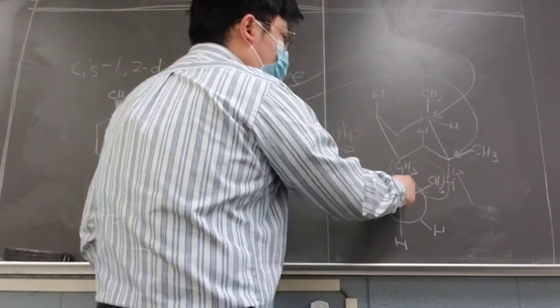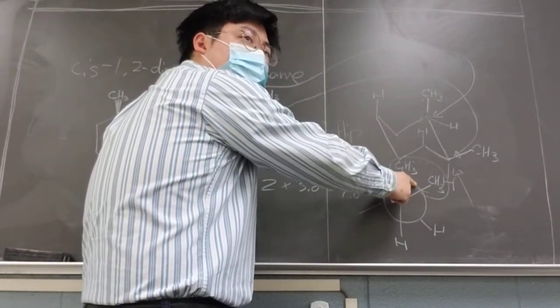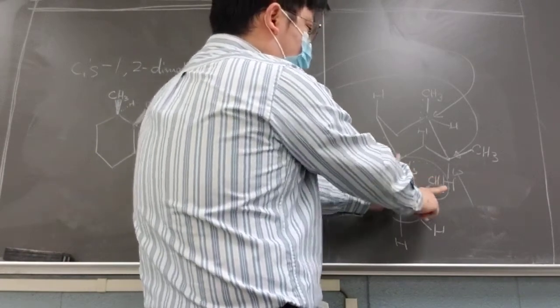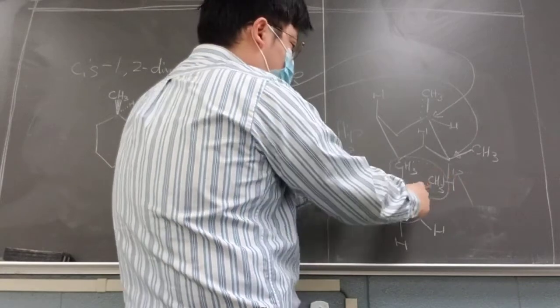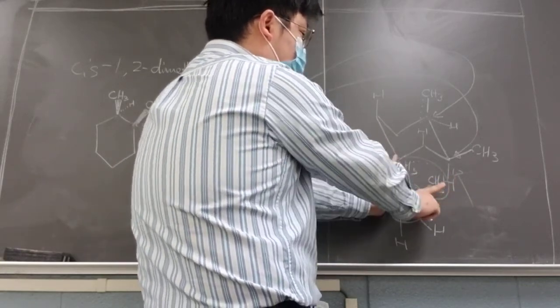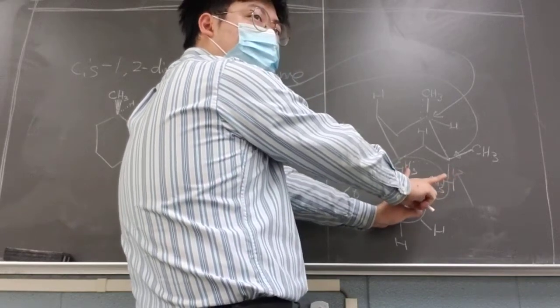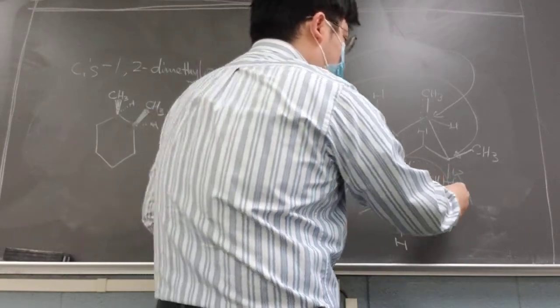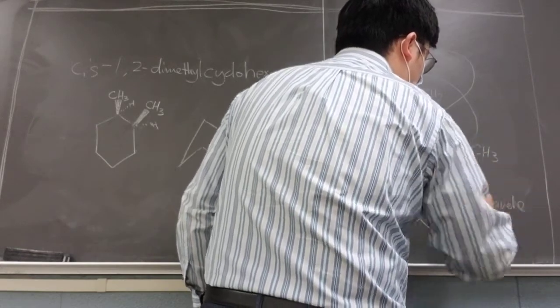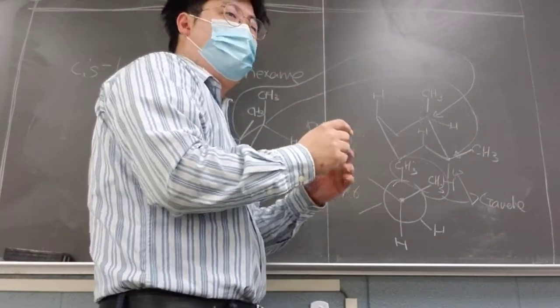Do you remember the gauche conformation? Even though the methyl groups are 60 degrees apart, it's staggered, right? But if there are 2 bulky groups close enough to be only 60 degrees away, it's a gauche interaction.